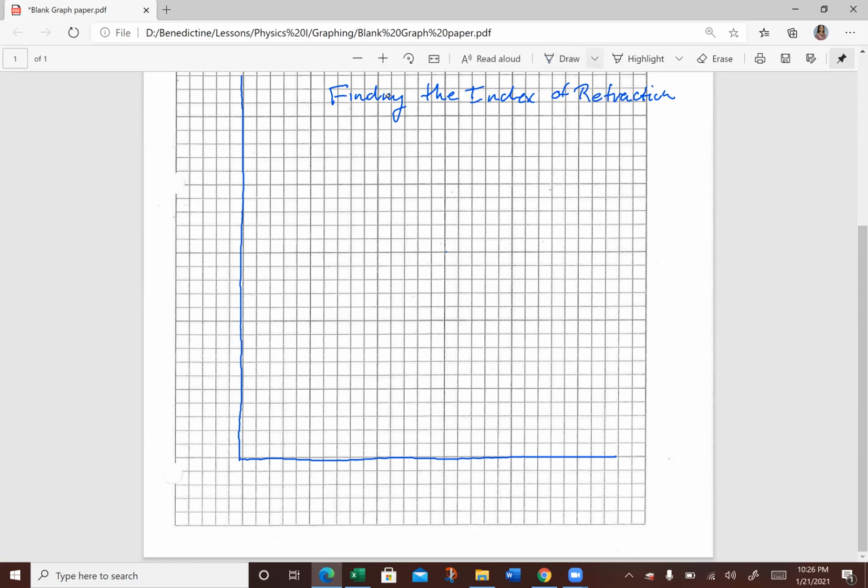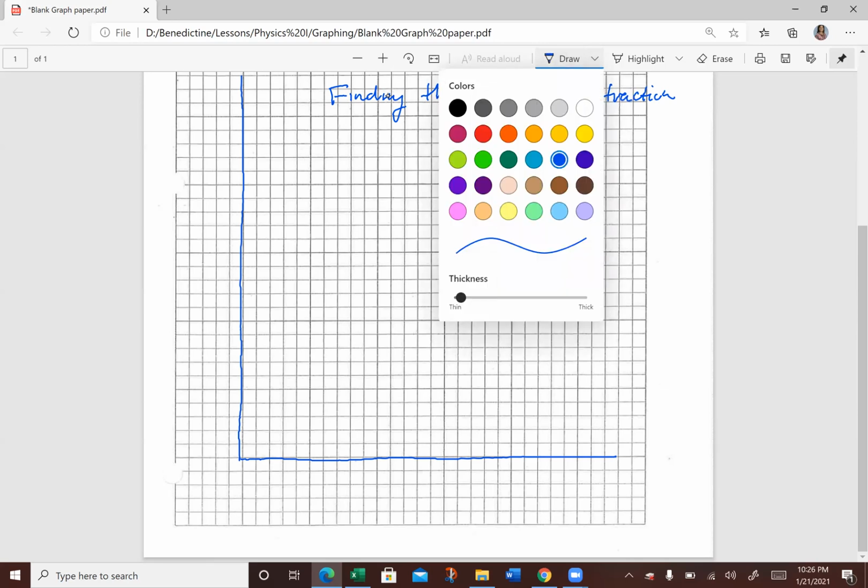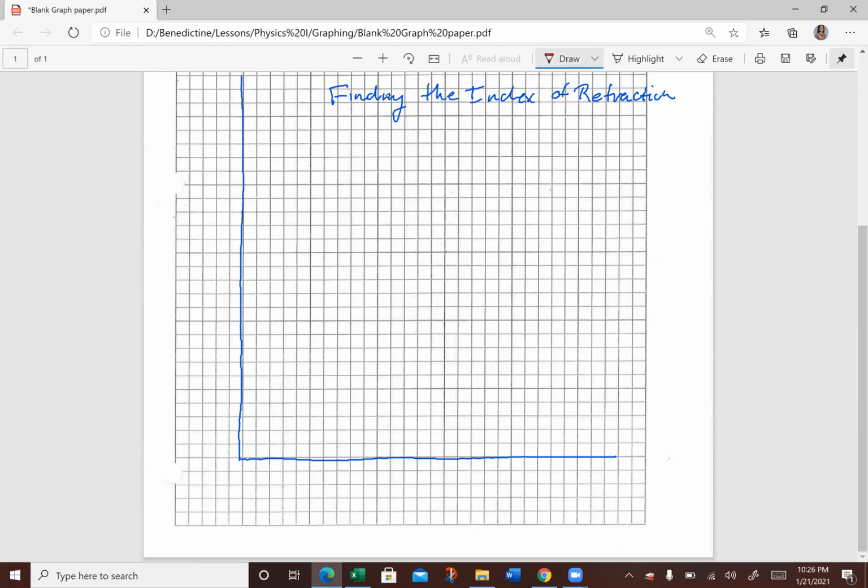You can say for mystery material, so we're going to use mystery A as our material. On the x-axis, you're going to have the sine of theta 2. And on the y-axis, you're going to have sine theta 1.